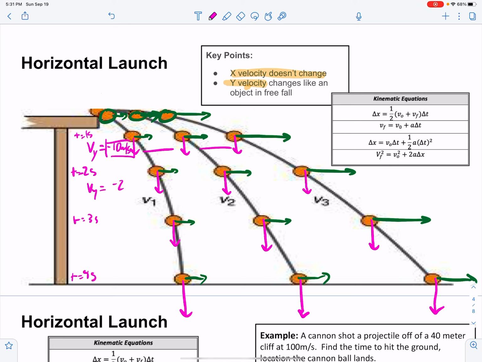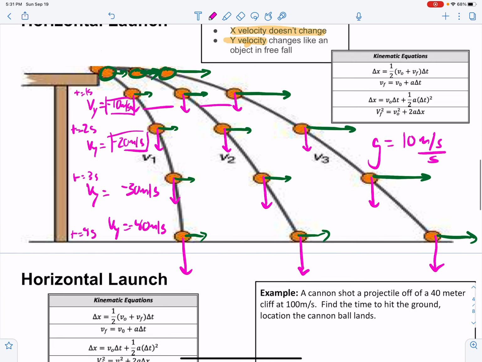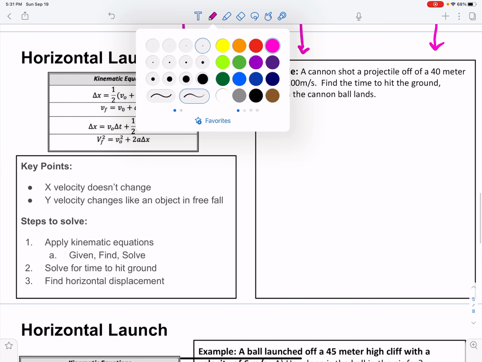At t equals 2, we're at negative 20 meters per second. T equals 3, we're at negative 30 meters per second. And t equals 4, we're at negative 40 meters per second. Why? Because we have the acceleration due to gravity, which is 10 meters per second per second. That's our change in velocity for vertical motion. Okay? Let's take it a step further.